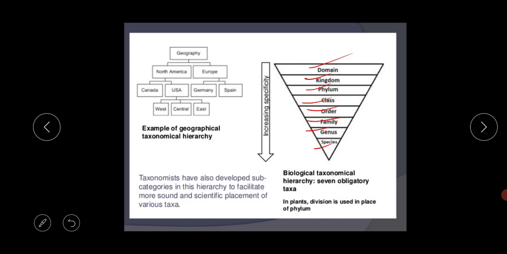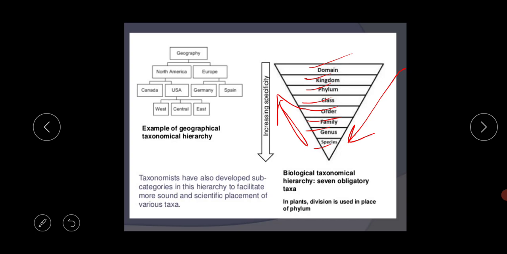What is the meaning of hierarchy? Hierarchy is actually rank. This is a Greek word, and it means rank. It is a system where the members of a type are organized in ranks one above the other. Taxonomic hierarchy is the system of arrangement of taxonomic categories in a descending order, not ascending order.